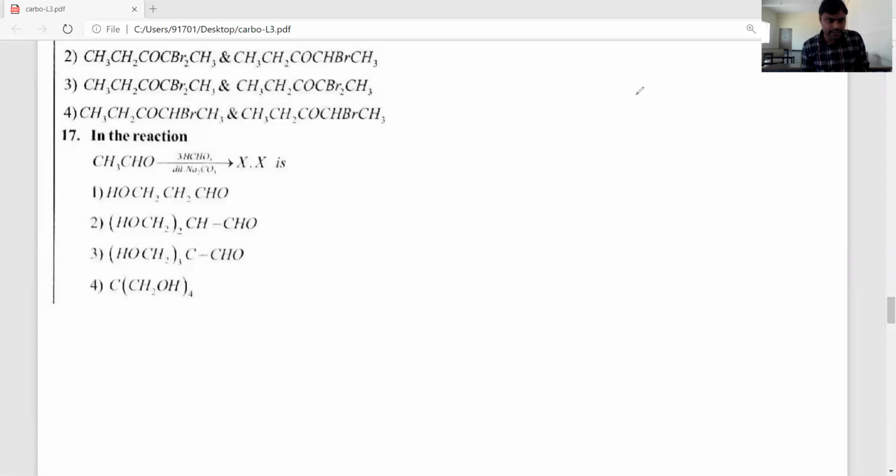CH3CHO, acetaldehyde, reacts with 3 moles of formaldehyde, and they ask what is X. In the presence of base, this is nothing but a cross aldol condensation reaction, a cross aldol reaction.